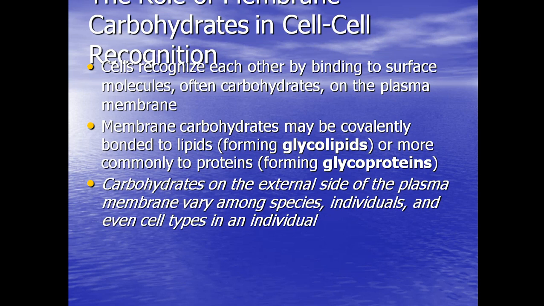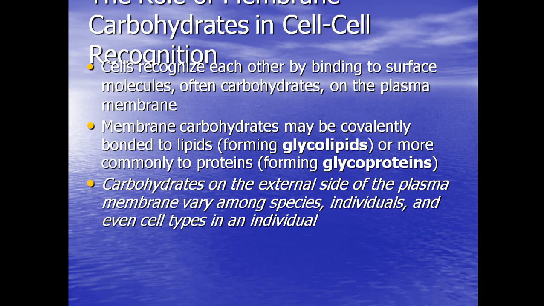Then the membrane carbohydrates may bind covalently with the lipids. But what's important is the carbohydrates which are found on the external side of the plasma membrane vary among the species, individuals, and even the cell type in an individual.